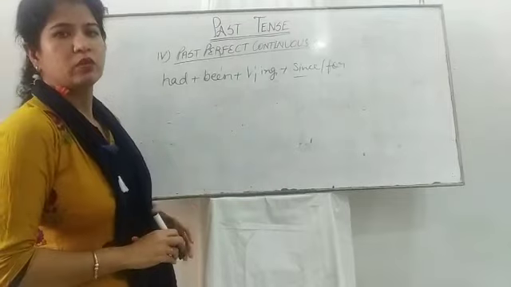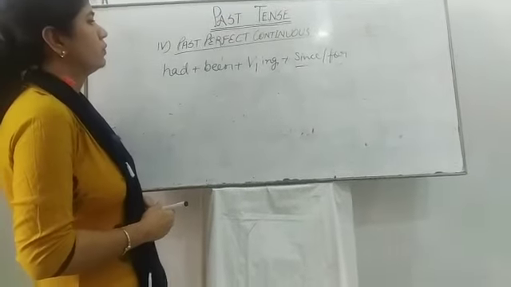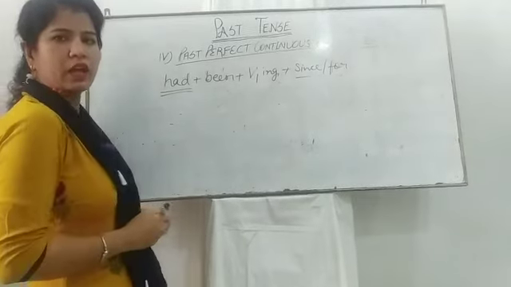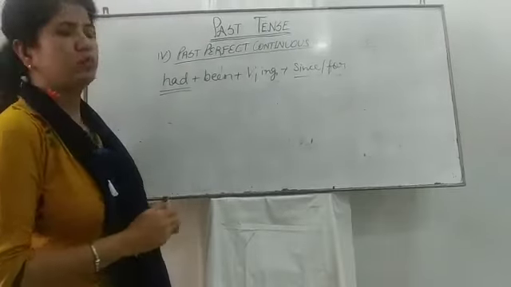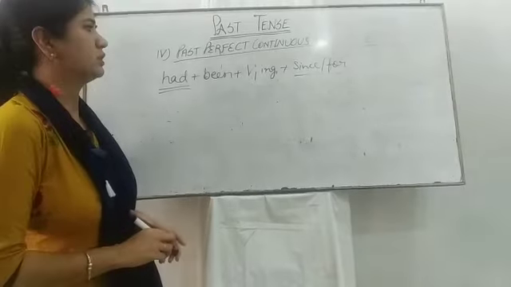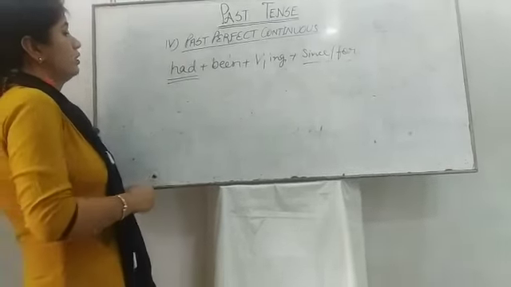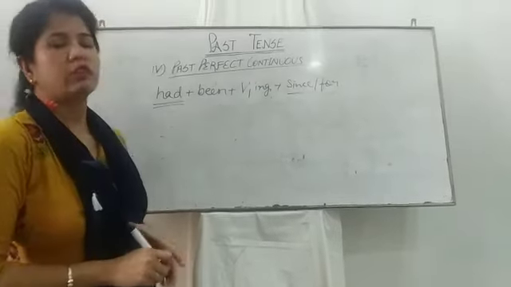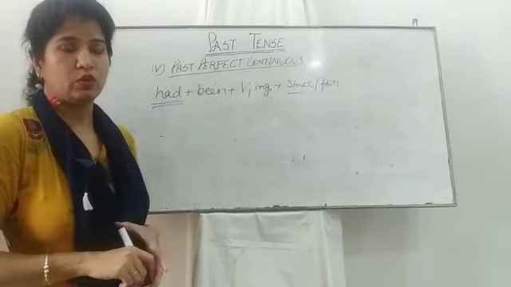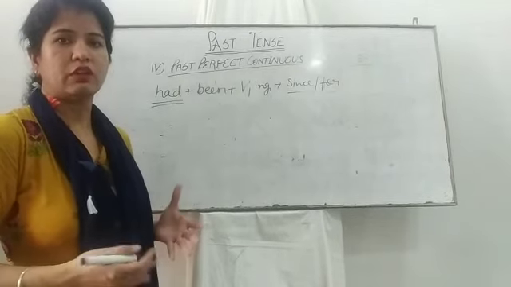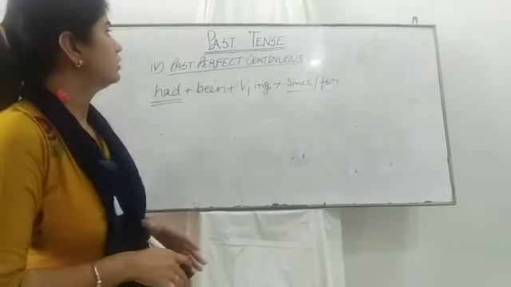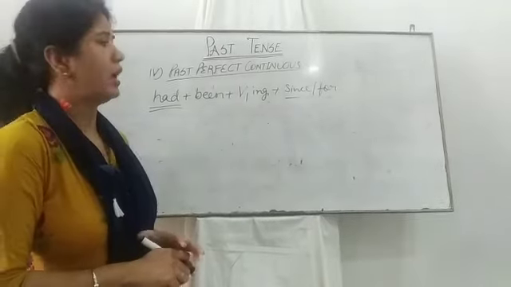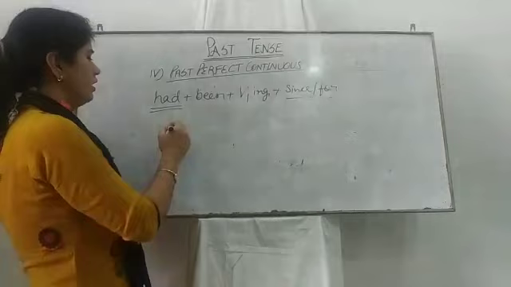You can go and visit that video. And had would be used with all the subjects. Although we don't use this tense in our day-to-day life, we still need to know about it to increase our confidence.